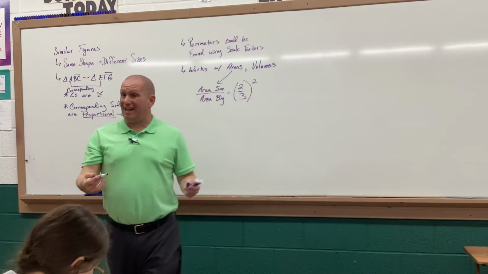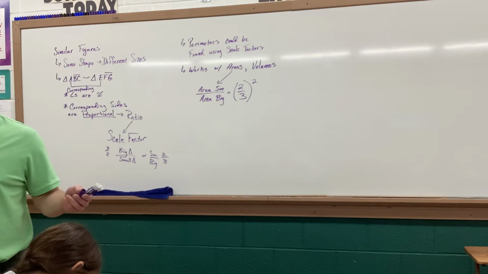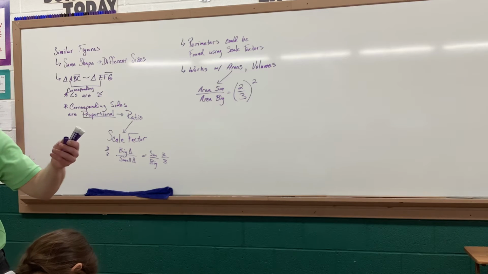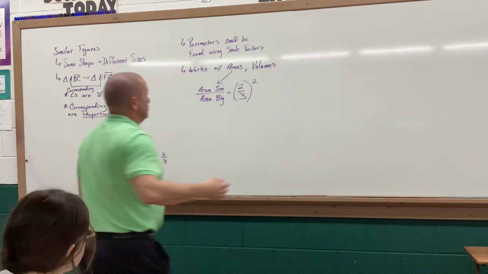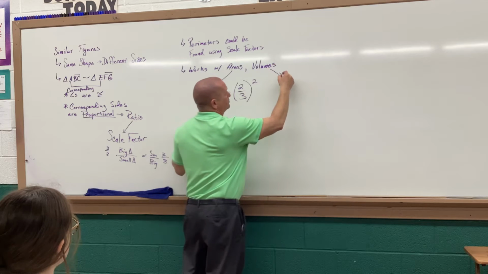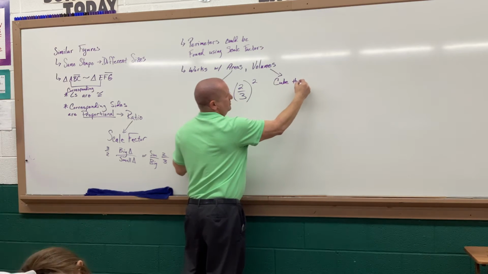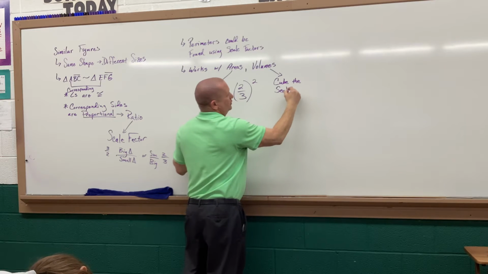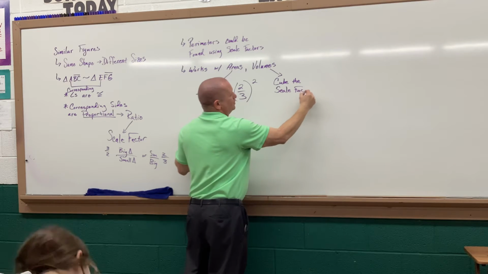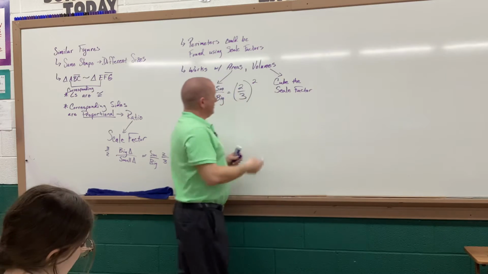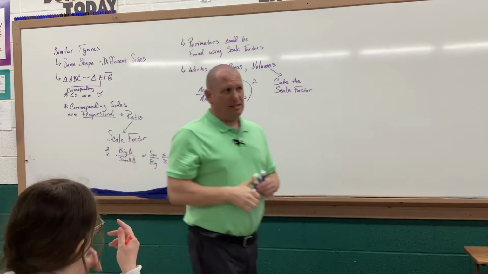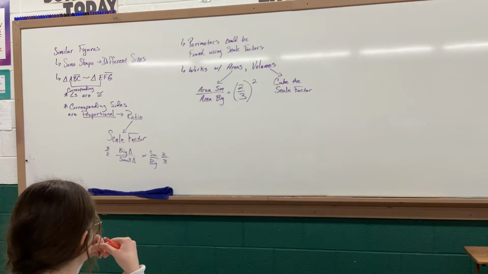And next chapter we'll talk about volumes, and what's the difference between the label of that? It's cubed. So you could do the same thing with volumes, but then you just have to make sure that you cube the scale factor. So basically you're doing what we've done before, we're just going to do it with areas now. And that means that you have to square this. And sometimes it does get confusing. So you square at the end then?